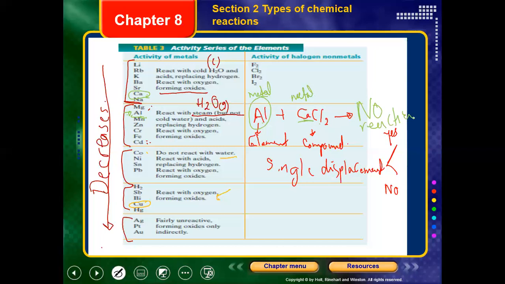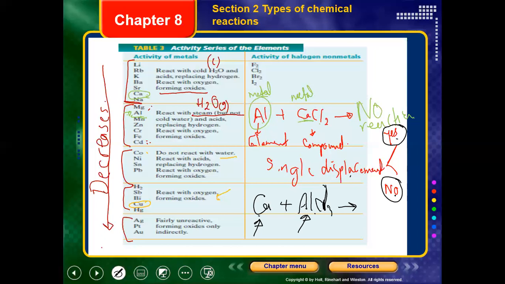On the other side, if there's calcium plus AlCl3, as we said, an element plus a compound is mostly a single displacement reaction, either yes or no. How can I decide? This element is a metal, so it will fight with another metal, which is aluminium. Either it will win or it will not.